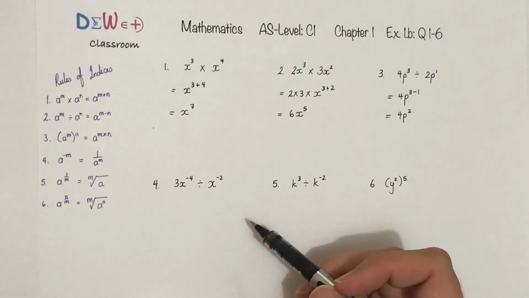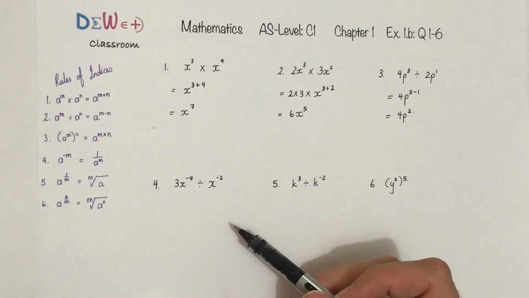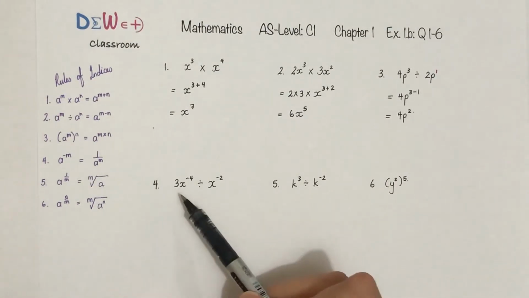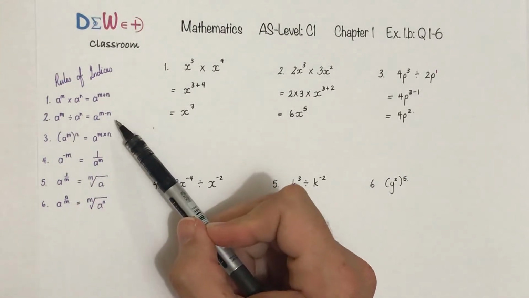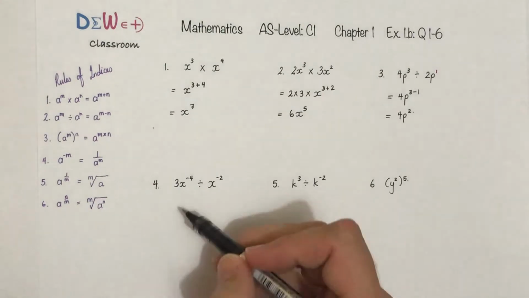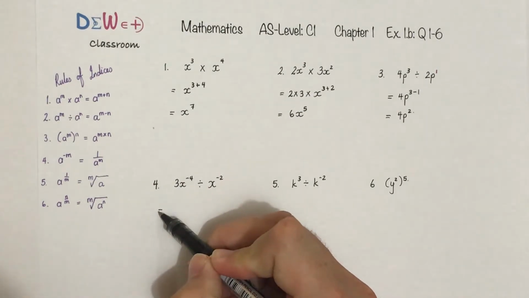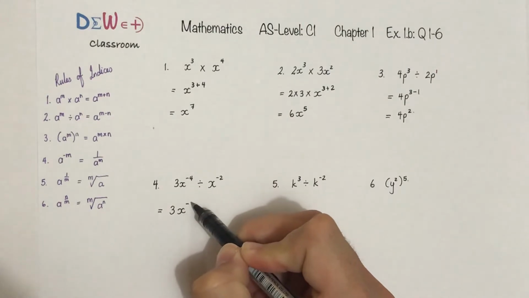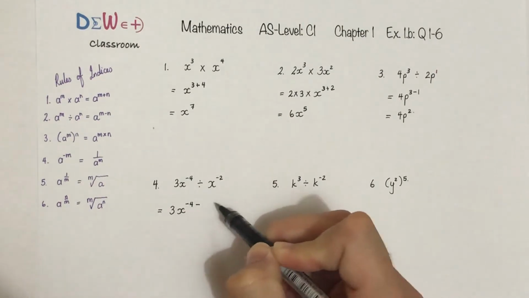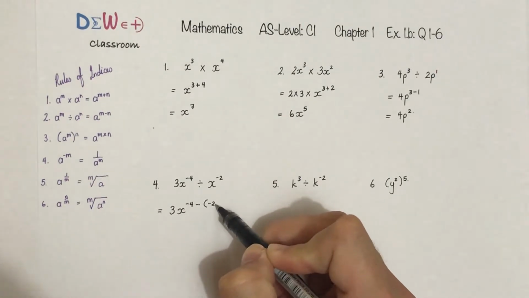Question number 4, what happens in this specific case is straightforward. We have our indices again, and we are applying rule number 2. So we have, in this case, 3x, minus 4 minus 2.